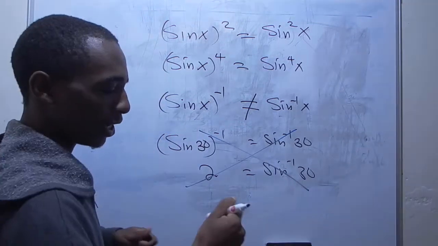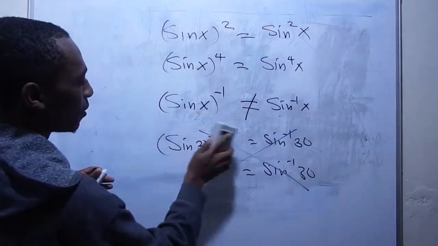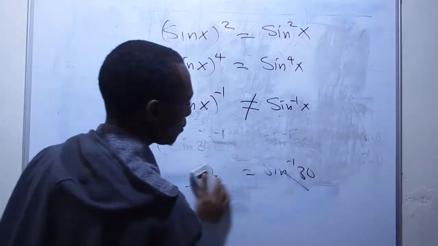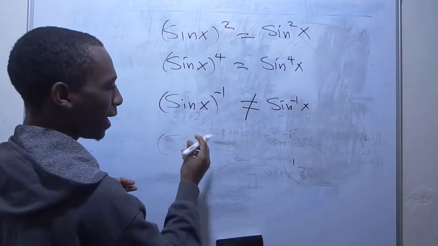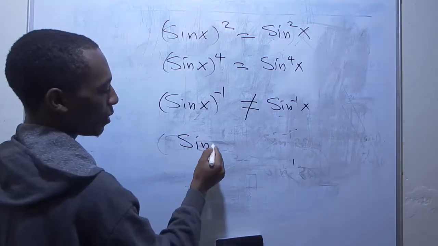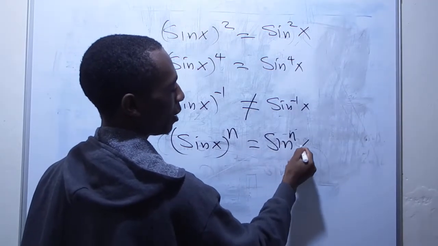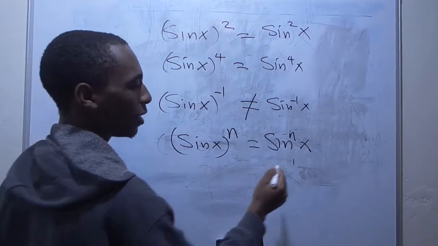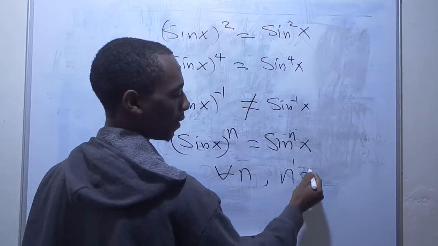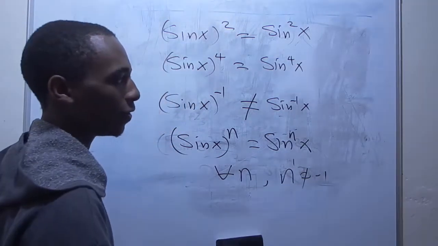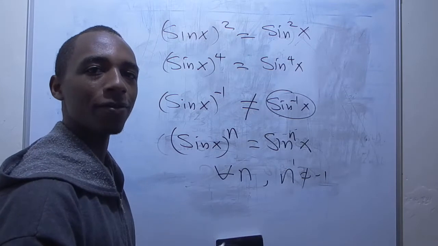You see, I believe the idea of, let me just clear this up. So I believe the idea of saying sine of x to the power n equals sine to the power n of x works perhaps for all values of n except the value n equals -1, because this one here is reserved only for the inverse function.